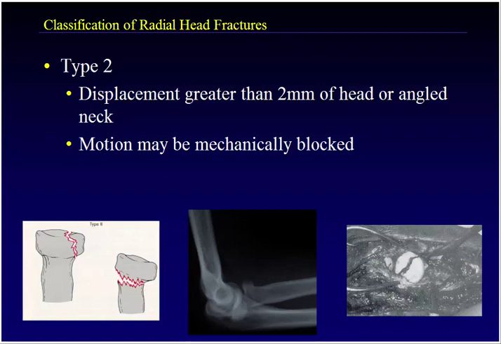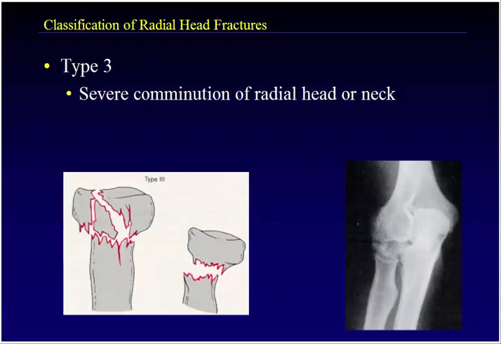Those fractures can have a significant mechanical block to elbow range of motion, as well as potential for post-traumatic arthrosis of the radiocapitellar joint, and those would be ones that could be considered for operative intervention. And then the type 3 fractures are where you have severe comminution with displacement and angulation of the radial head or the neck.